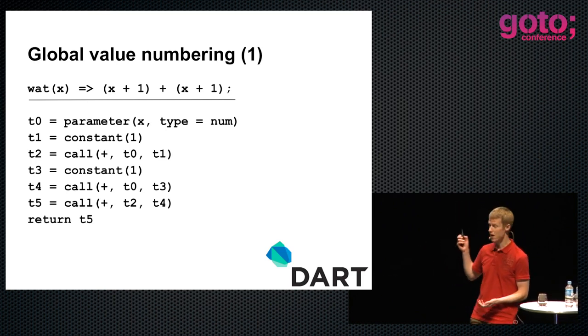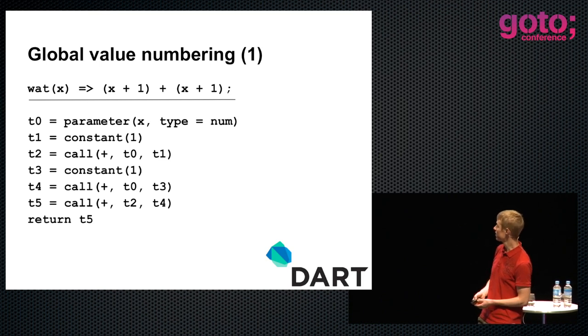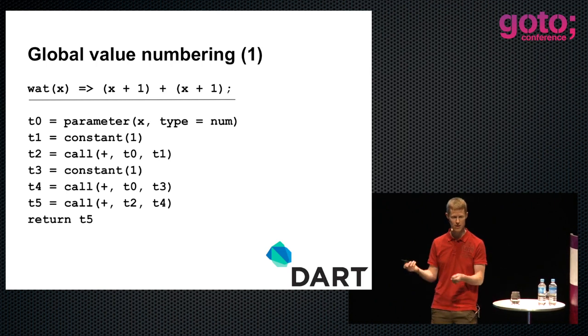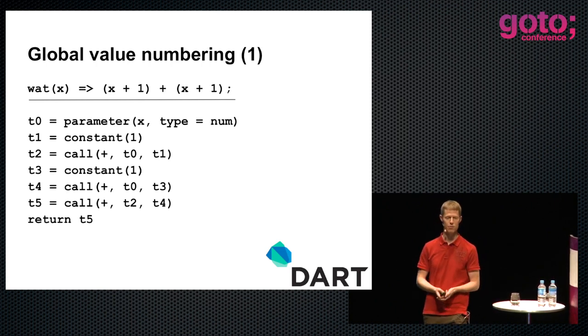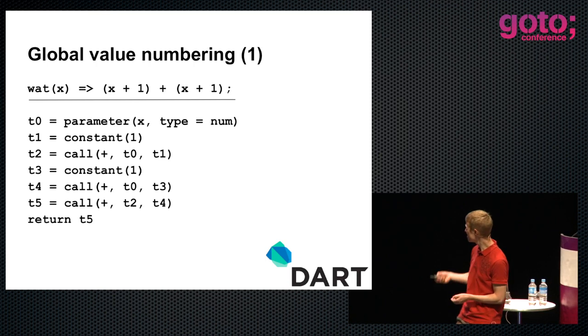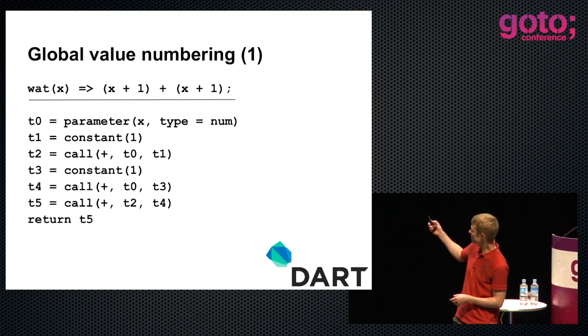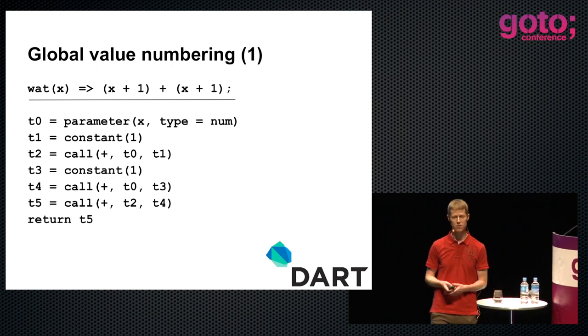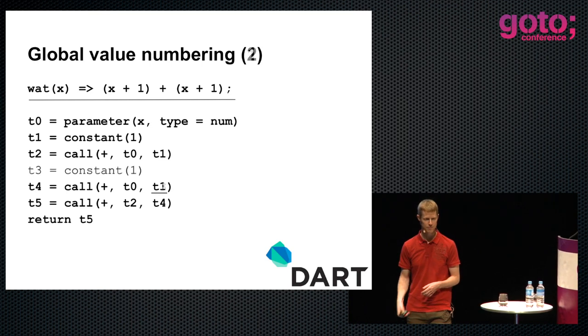You have T1, which is a constant 1, and then you add them together with a call that adds T1 and T0 to produce a value. And then you more or less do the same thing afterwards. As you can see here, we have different calls to plus. You have 3 different calls to plus, and it would be nice to cut that down a bit.